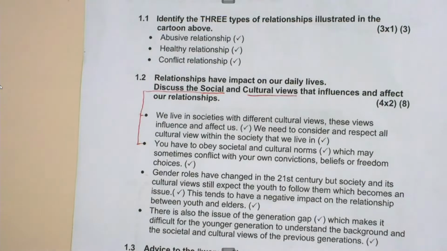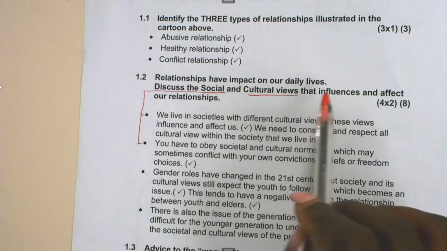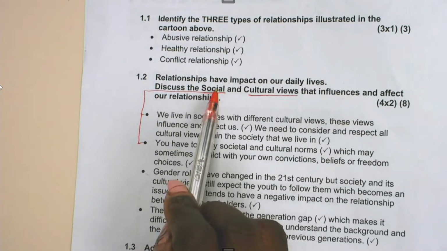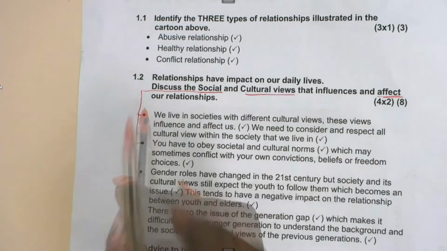The first one says, we live in a society with different cultural views. These views may influence and affect us. The question says, discuss the influence that these social and cultural views have, how will they affect the relationships?